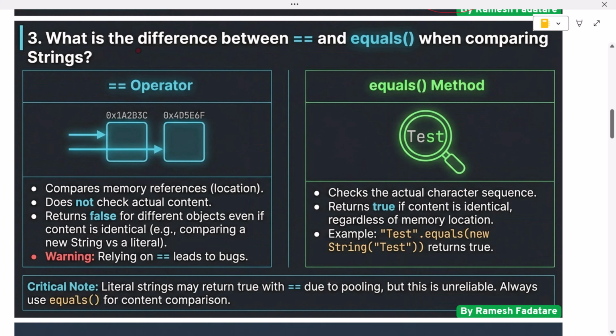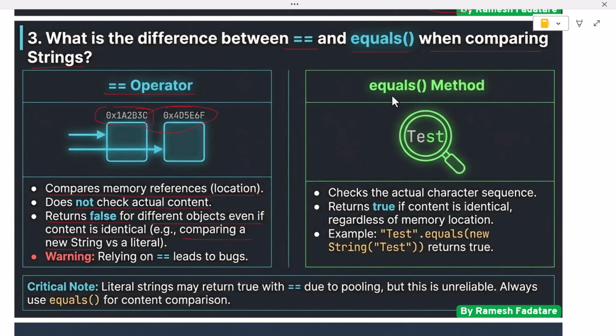Next question. What is the difference between the == operator and the equals method when comparing strings? The == operator compares whether two references point to the same memory location. It does not check the actual content of the strings. For example, if you compare two string references created using the new keyword, the == operator will return false even if the content is the same because the objects live in different memory locations.